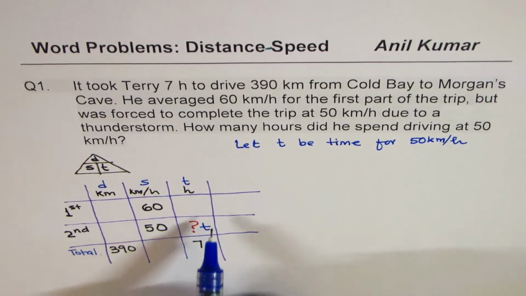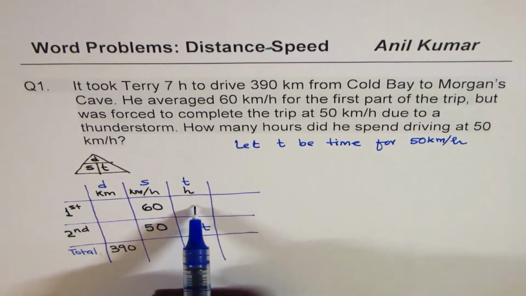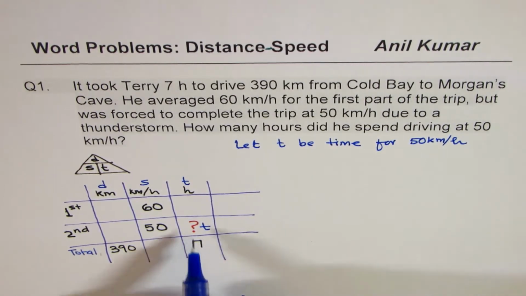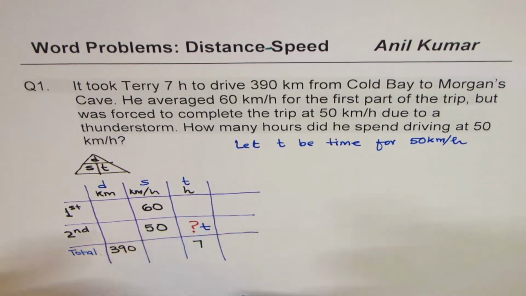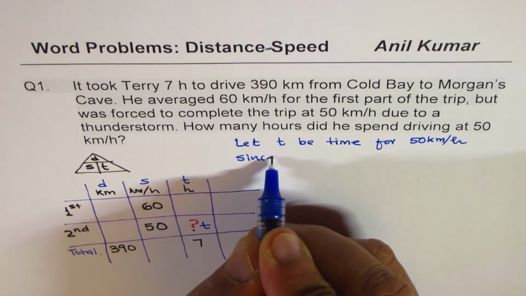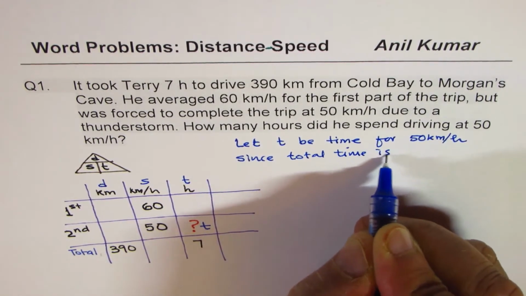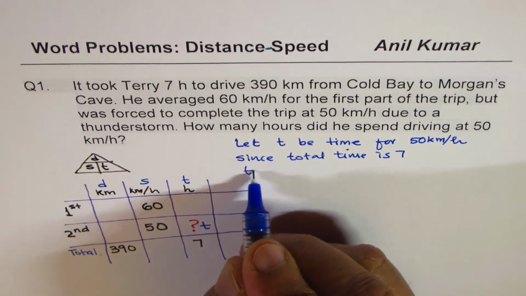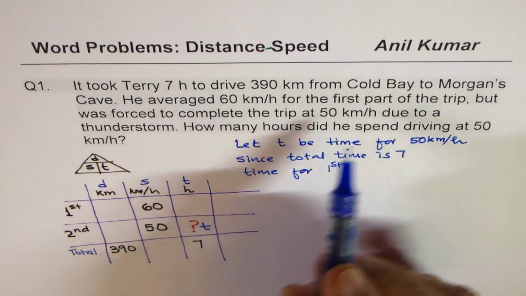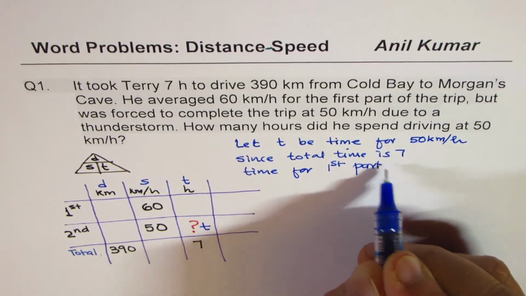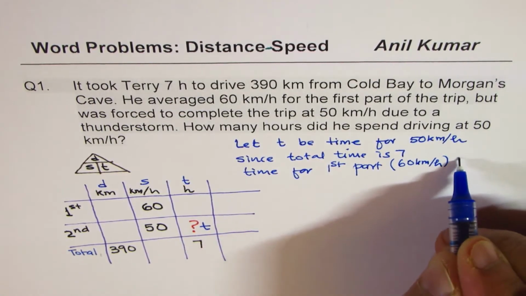Now, if t is for the second phase, what is for the first phase? Total is 7. You could do it in a single variable or you could do it with two variables. Since the total time is 7, the time for the first part, which is at 60 kilometers per hour, is how much?